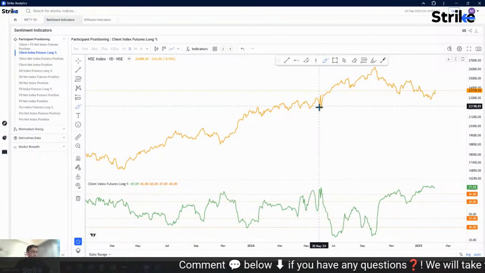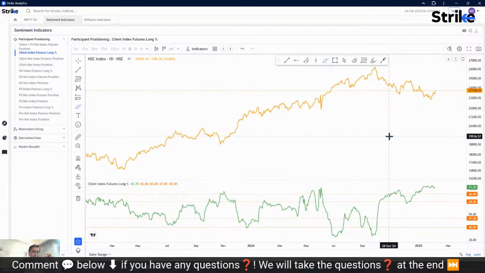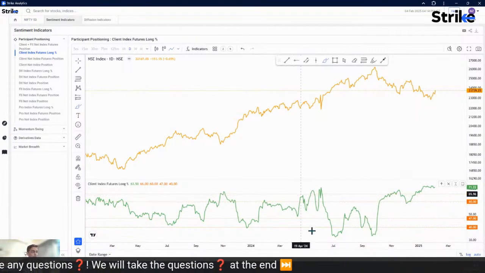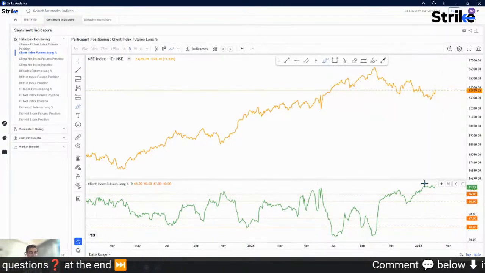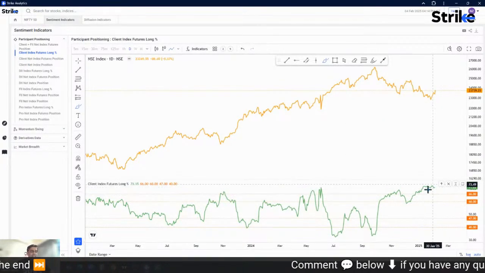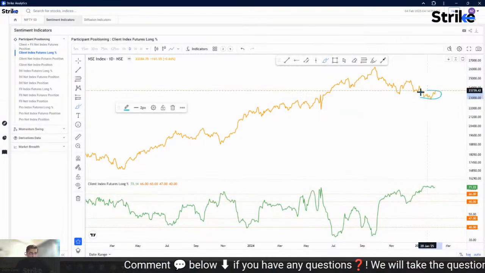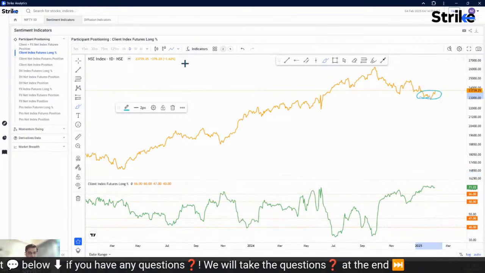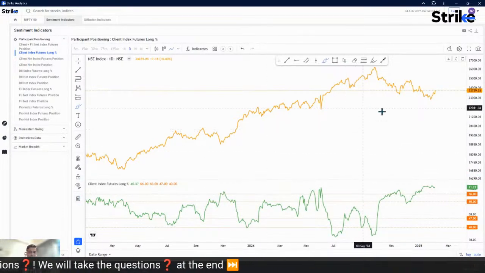You can see that there are some not very short term, but kind of medium term tops and bottoms that are possibly formed when these indicators come to an extreme. Right now we are on an extreme side, so there is a very strong possibility that somewhere over here a medium term bottom can be made. Okay, everybody with me? Yes.